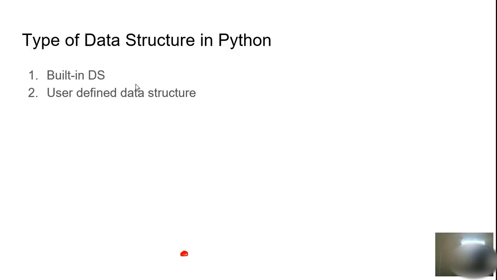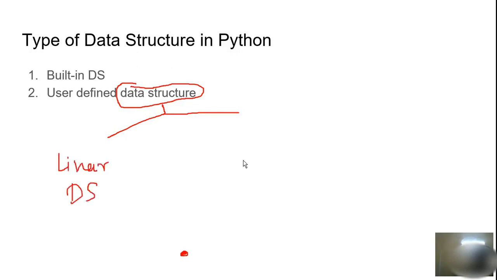If we talk about the general types of data structure, it has two types: linear data structure and non-linear data structure.